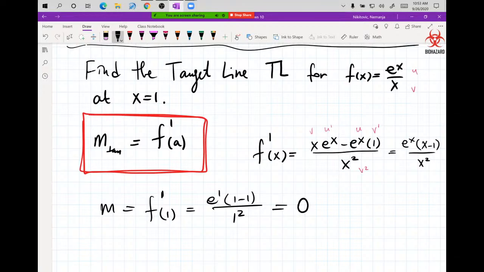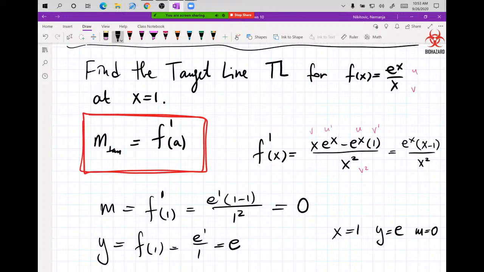So I have the slope. y is going to be f at 1, and that's just e over 1, so just e. And now you have your x is 1, your y is e, and your slope is 0.